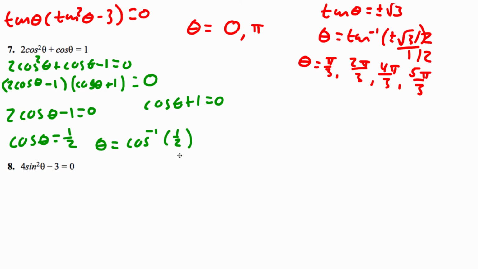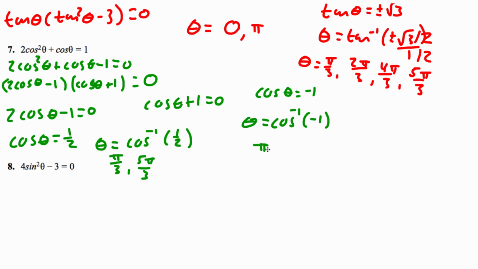And if we're checking the unit circle for where the x value, or the cosine value, is 1/2, that'll happen at the angle pi over 3 and also 5 pi over 3. Now if we look at this other one, cosine of theta plus 1 equals 0, I'm going to subtract the 1 over, so we get the cosine of theta equals -1, and then if we do our inverse, we get theta equals the inverse cosine of -1, and that happens at the angle pi.